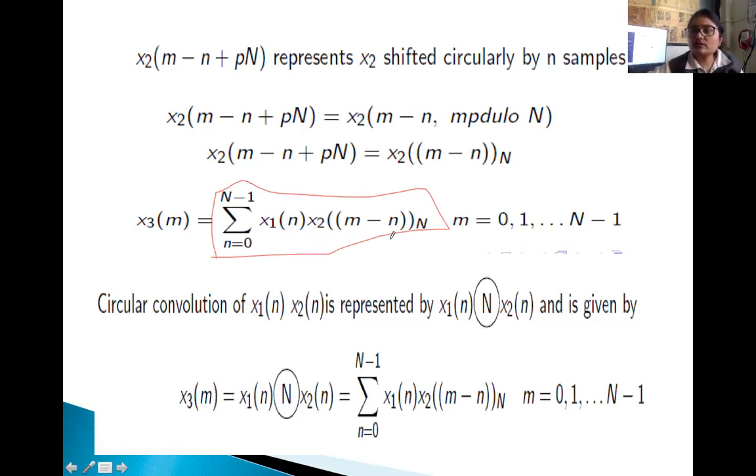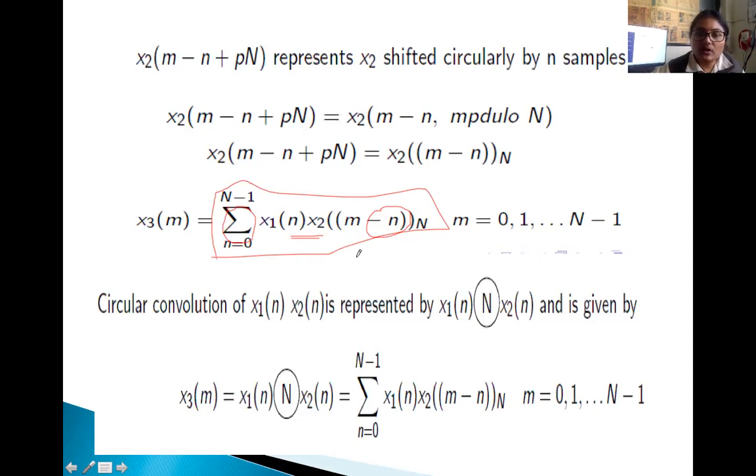What are the steps that we perform on the second sequence? We perform folding and shifting. The minus n represents the folding operation, then m minus n represents the shifting operation, and then here it is the multiplication, and finally this will represent the summation.